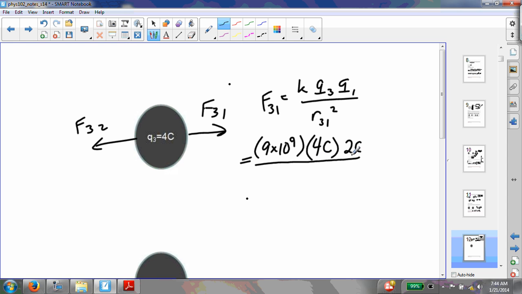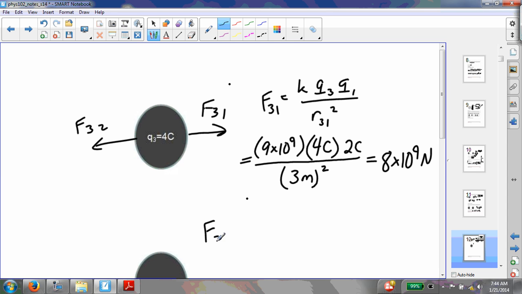And then that's divided by the distance between them, which was 3 meters, and that's squared. So that's going to be 8 times 10 to the 9th newtons. All right, so that's going to be F31.